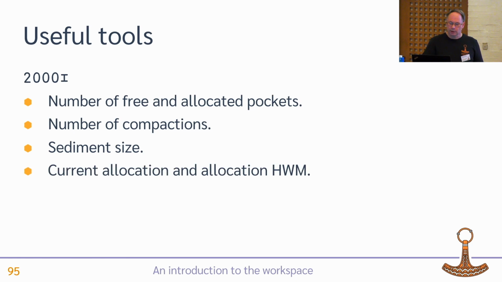It will tell you how big the low and high watermarks of the actual allocation size are. Again, you can reset that and monitor it. And you can actually set the minimum and maximum as well.